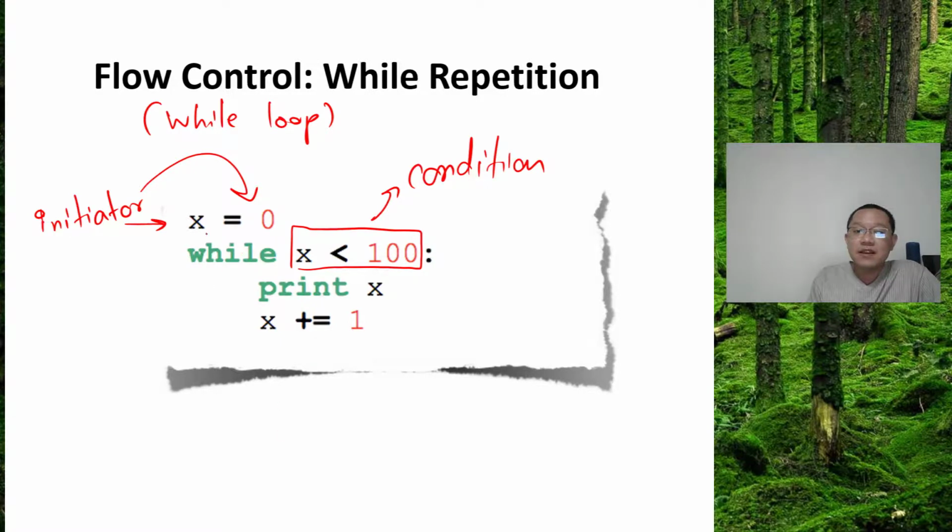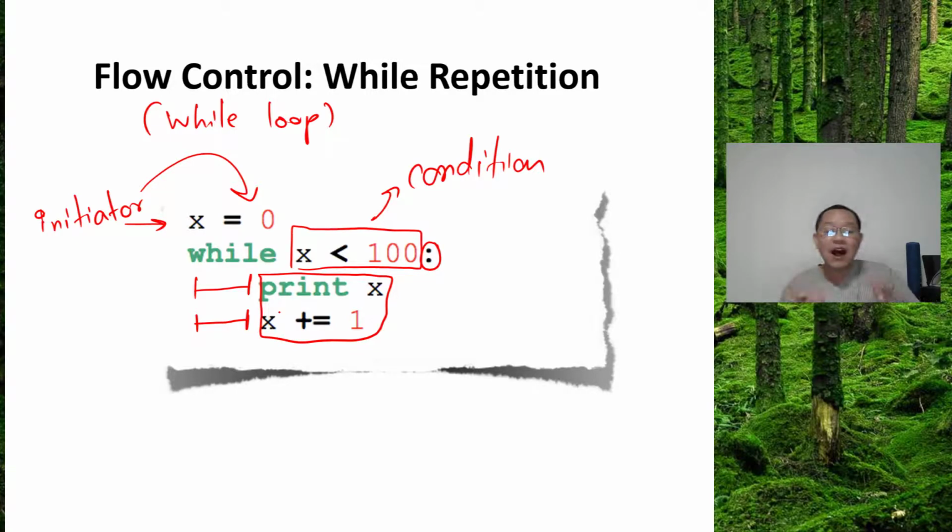If the condition is true, the while line will finish with colon, and then on the next line, all the commands inside the while loop will be indented. So these two lines of command are inside the while loop.